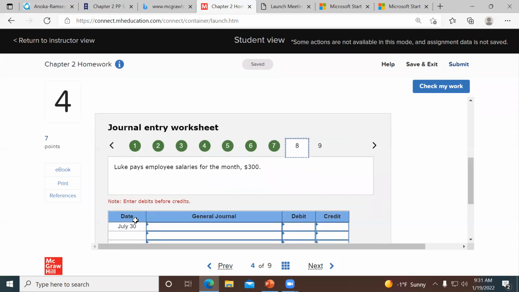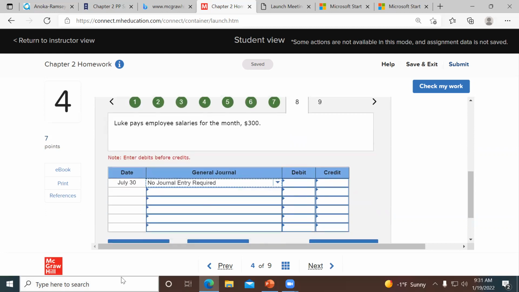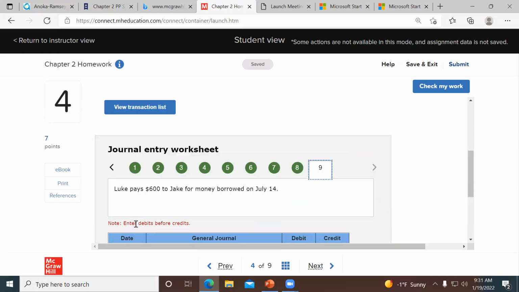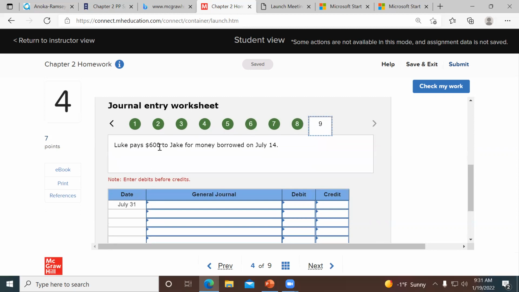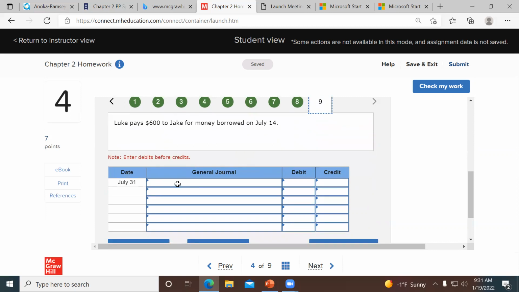Luke pays employee salaries for the month. Again, we're dealing with Jake. Luke pays $600 to Jake for the money he borrowed. What are we going to do for Jake?